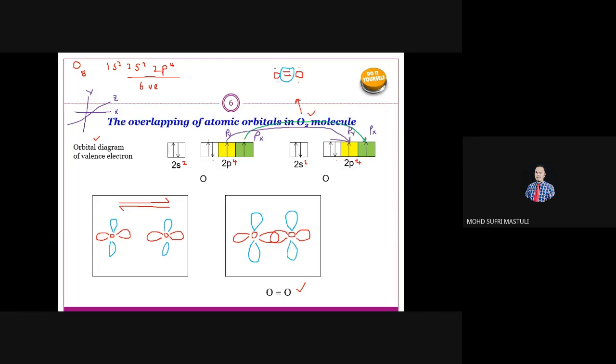Because we cannot overlap the py closely, we use the imaginary dotted line to show this py overlapping. Okay.